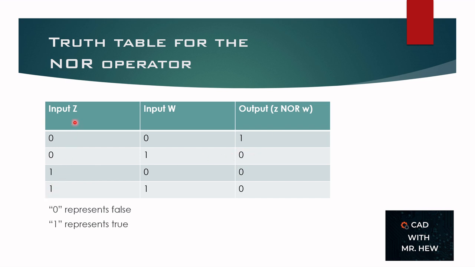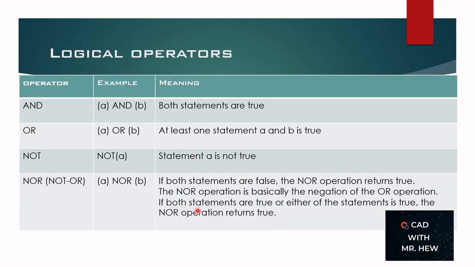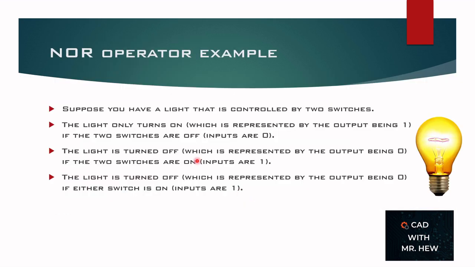Here we have another situation where the input for Z is 1, the input for W is 0, the output Z NOR W would be 0. And here we have the input for Z is 1, the input for W is 1, and the output Z NOR W will be 0. So this is explaining what we discussed in the previous slide.